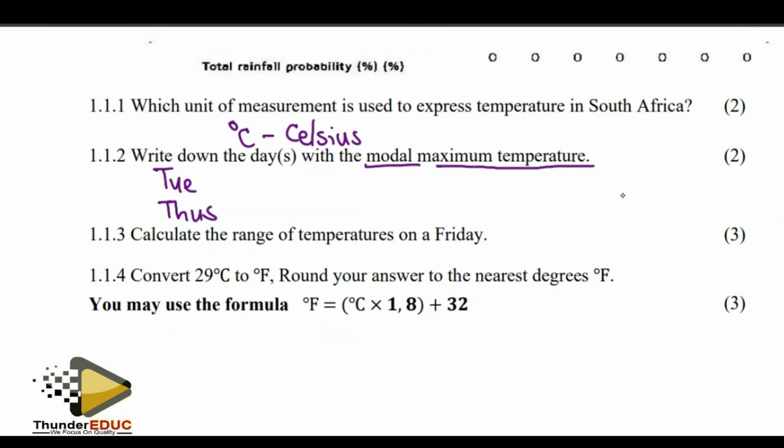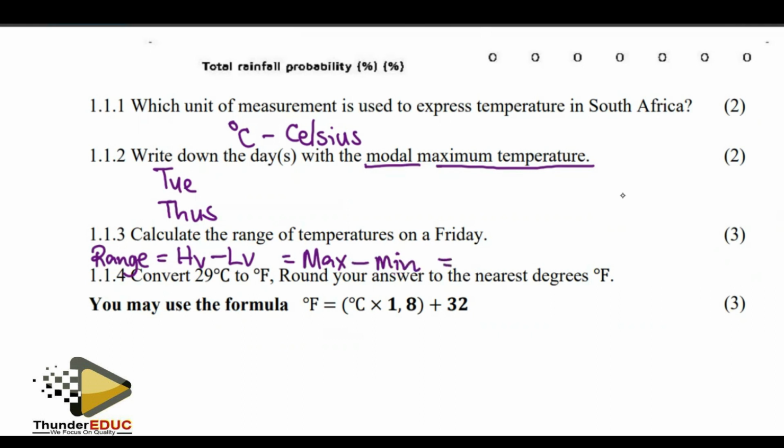Calculate the range of temperature on Friday. When we look at range, what comes in our head? Range will always be the highest value minus the lowest value. So we shall take the maximum temperature minus the minimum temperature.